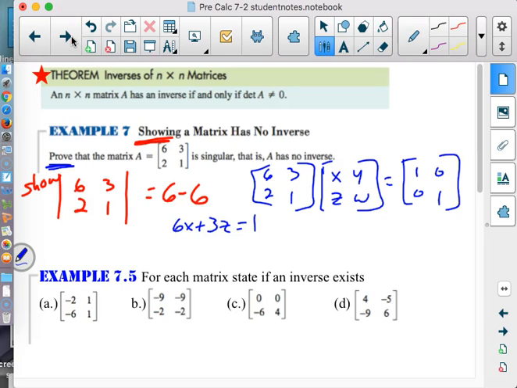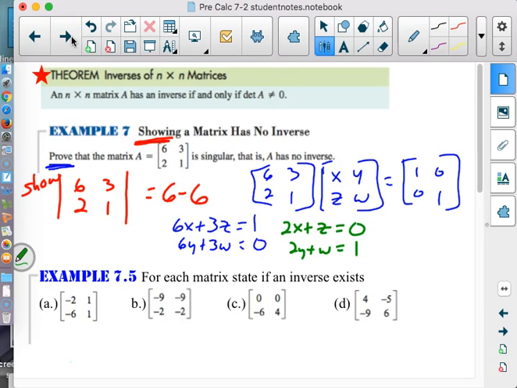This one would say 6y plus 3w equals 0. Next one, using row 2, would say 2x plus z equals 0. And then row 2 and column 2 would say 2y plus w equals 1.